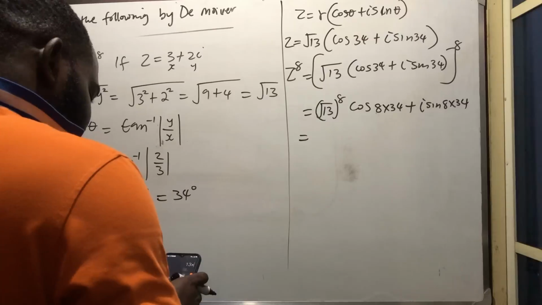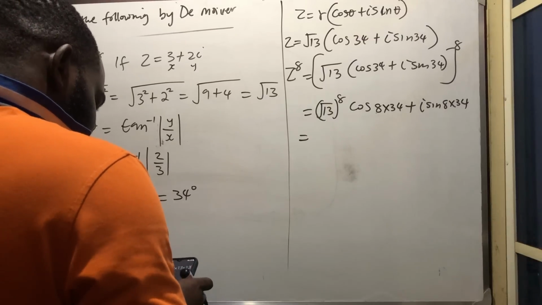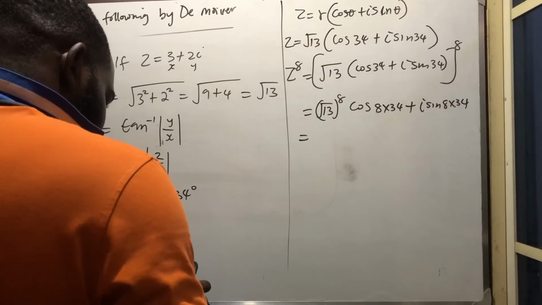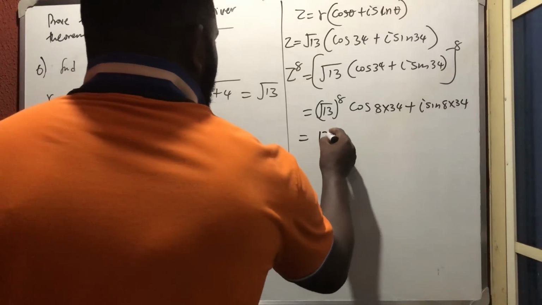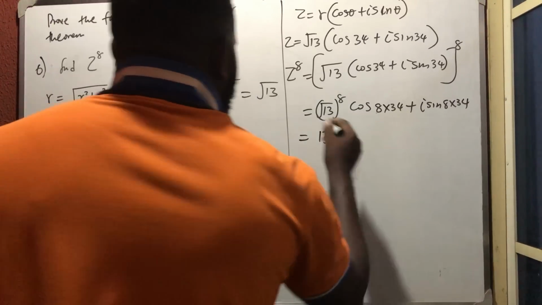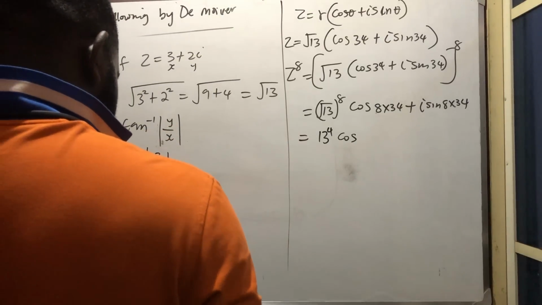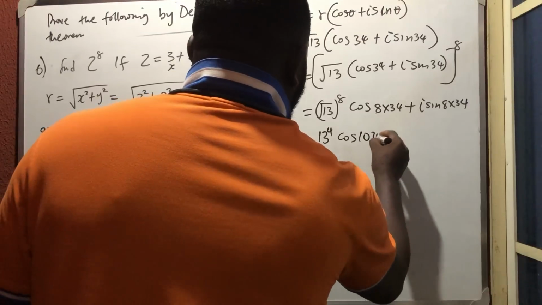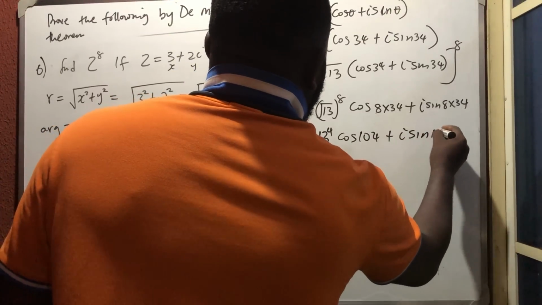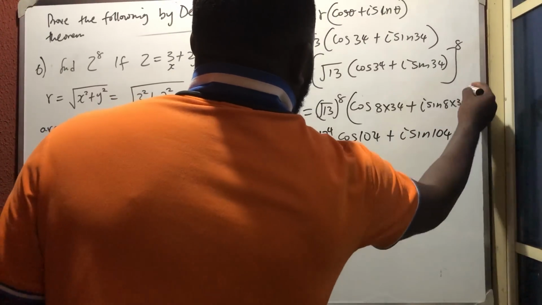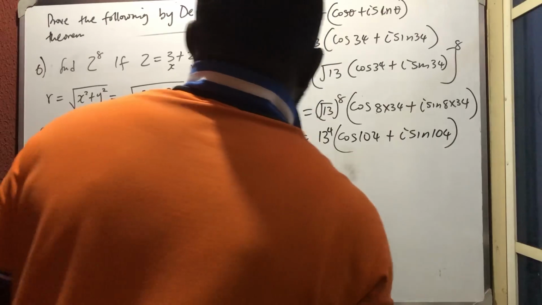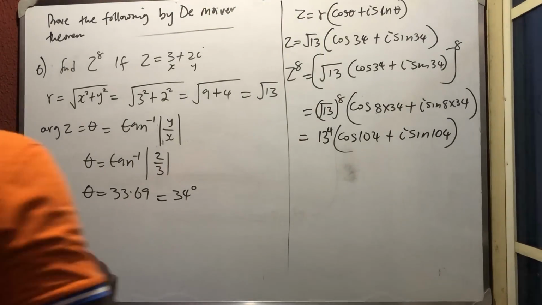So this is just 13 raised to power 4. We now have cos 8 times 13, I'm having 104 plus i sine 104. So that's just the answer for question number 6.